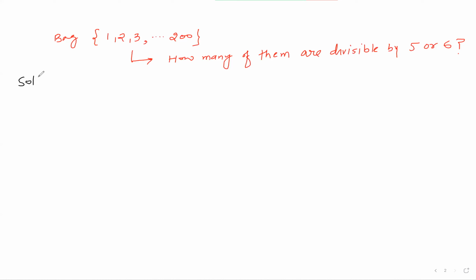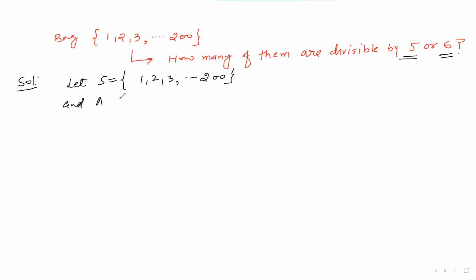So first we need to define the set of numbers which are divisible by 5. We need to define a set of numbers divisible by 6. So first we are assuming that the given set is S itself. So the given set is S, which consists of first 200 natural numbers, okay?